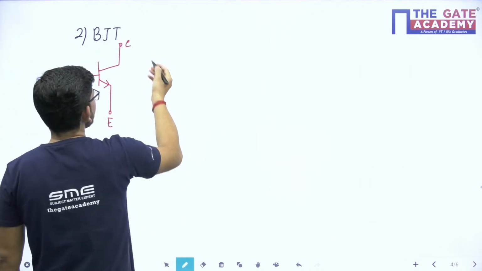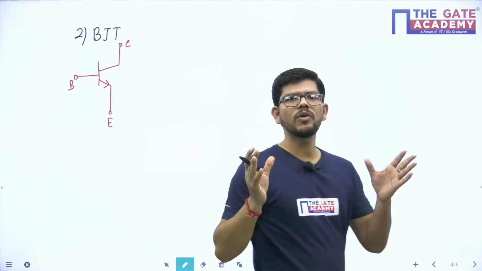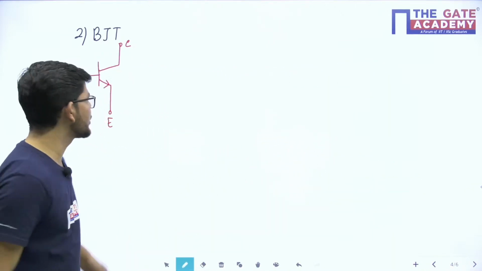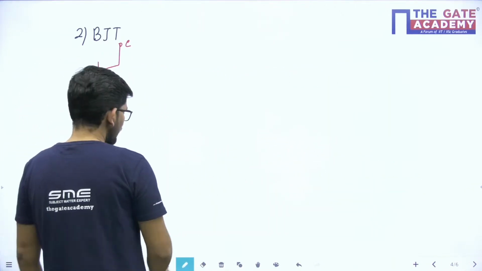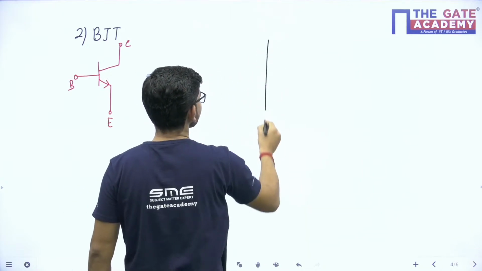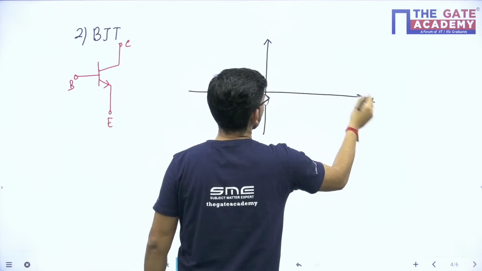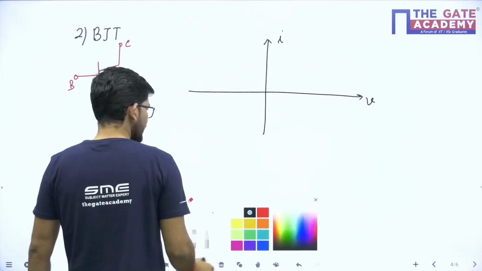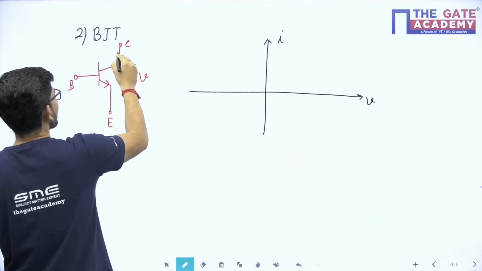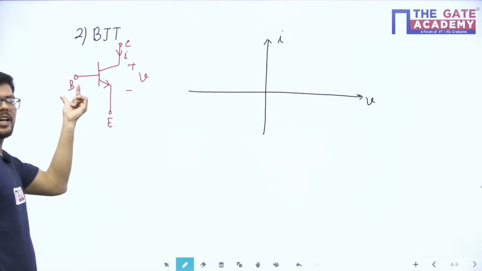So BJT, if I ask you what will be the quadrant of operation of BJT? So let us see what will be the quadrant of operation for BJT. See, if this is the voltage across the BJT and this is the current, now tell me, this is the control terminal base.